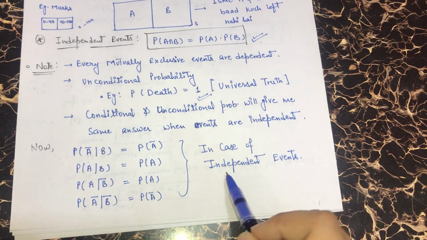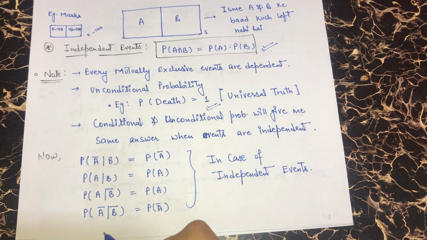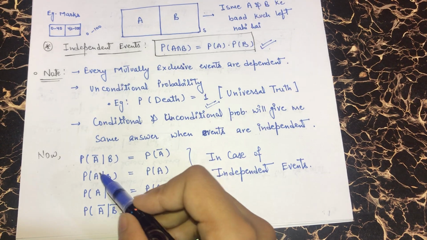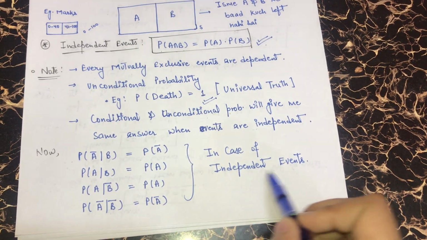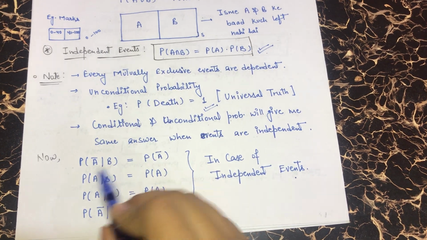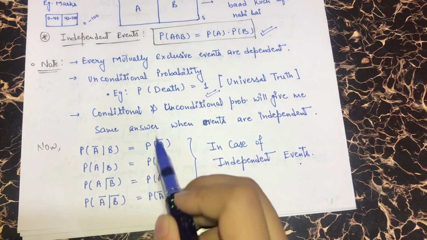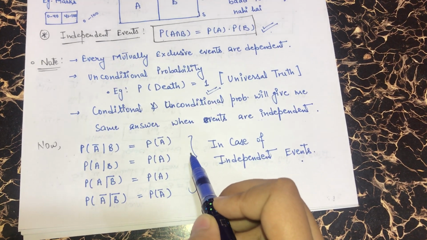Now we are going to discuss some probabilities, which are all conditional probabilities. As you can see from the sign, a condition is applied, but these are cases of independent events. There are two events A and B, both are independent, they don't have any dependency, the occurrence of one will not affect the occurrence of the second event.